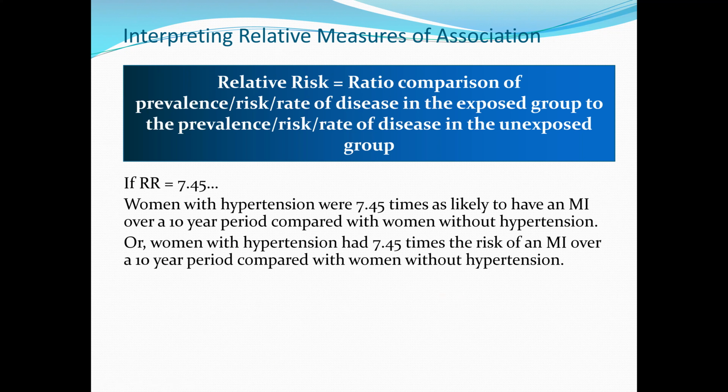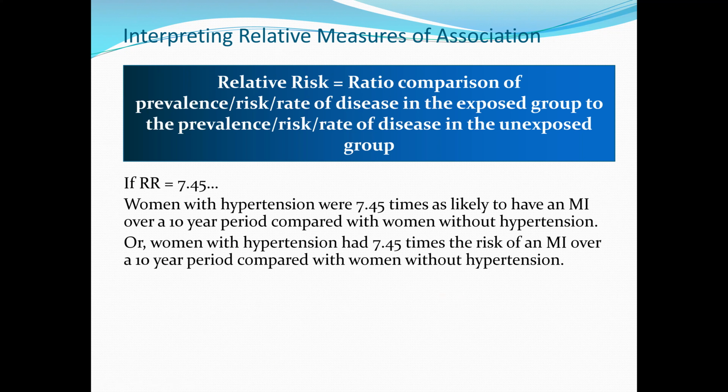So we need to find the relative risk first, then minus 1, times 100%. So in this question, if relative risk is 7.45, we say that women with hypertension had 745% increased risk of having an MI compared with women without hypertension.